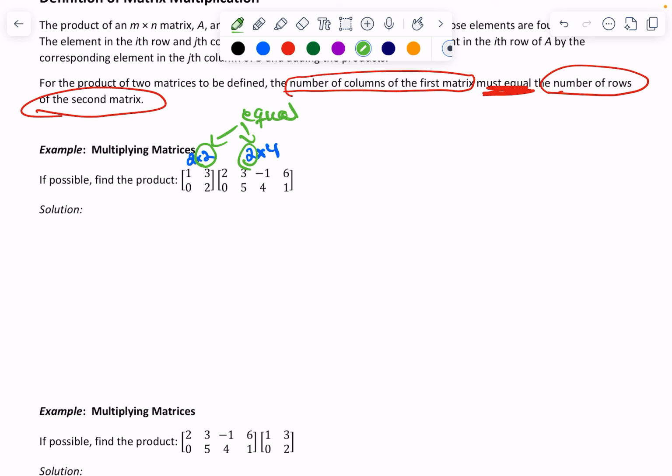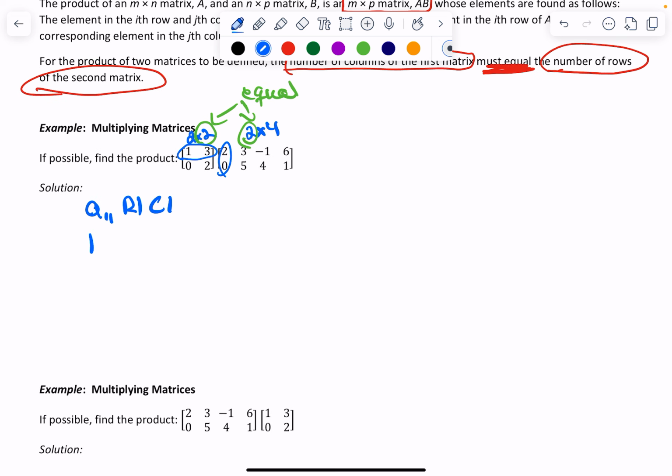So for our first one, its element 1, 1. So that means that we're taking the first row and first column. So first row of the first one, which is 1 and 3, and the first column of the second one. So 1 times 2 plus 3 times 0.